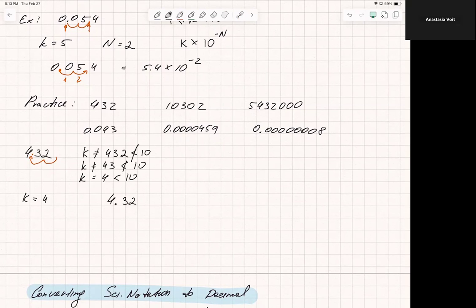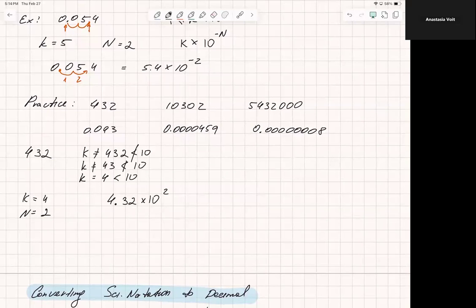So we move it 2 places to the left, so n is equal to 2. And since the original number is greater than 1, our exponent for 10, this n, will be positive. So we can write it as 4.32 times 10 to the positive 2 power, all right?